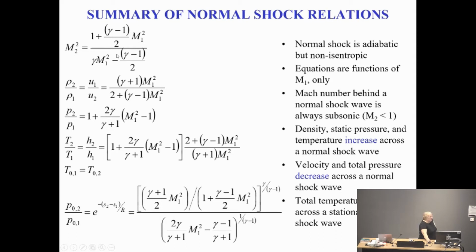So everything about the Mach number after the shock depends on the speed and the context in which you were approaching that shock wave or that body in the first place. Density and pressure are also in terms of M1 squared. Temperature ratio across a particular standing shock, M1 squared, and basically everything is denoted in that way.